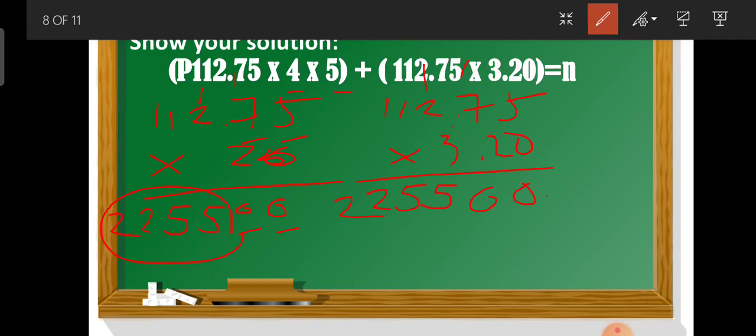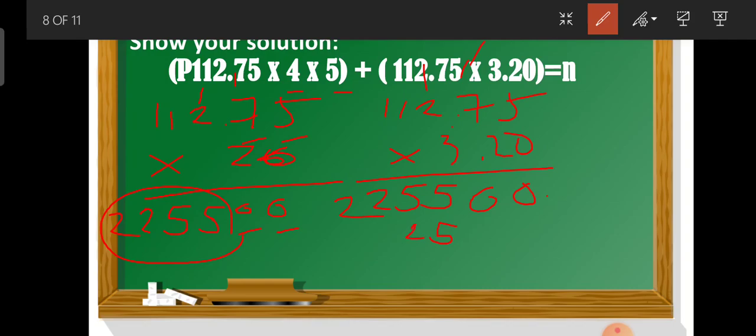And then we now multiply. 3 times 5 is 15. We just align our answer here. Write 5, regroup 1. 3 times 7 is 21 plus 1 is 22.